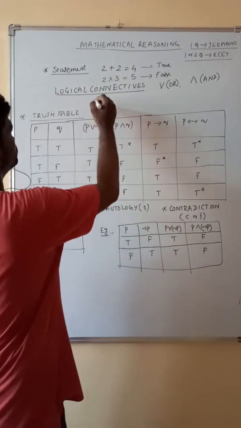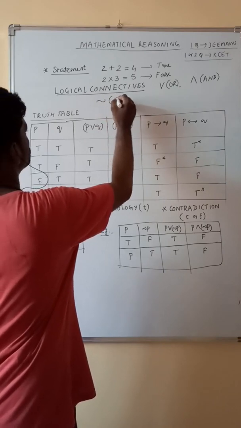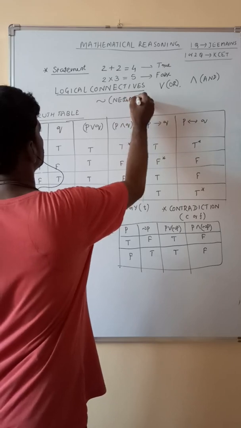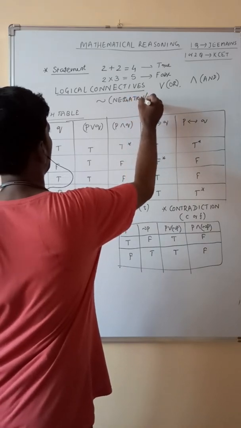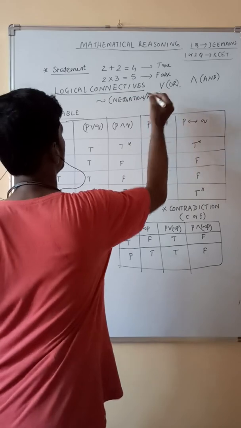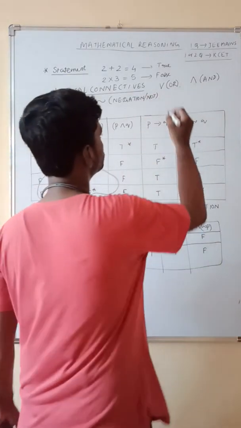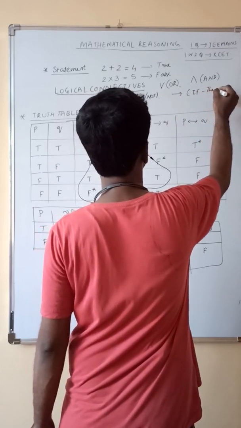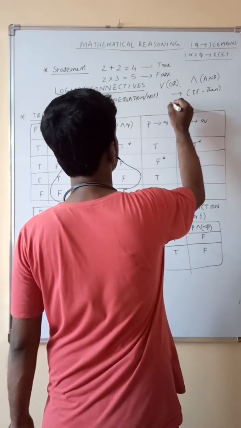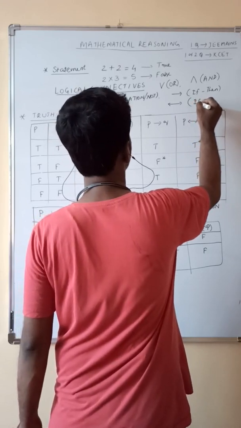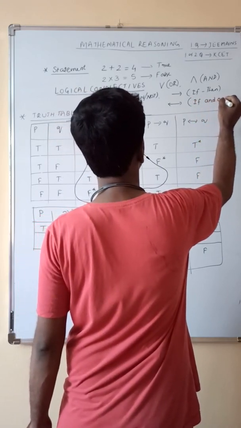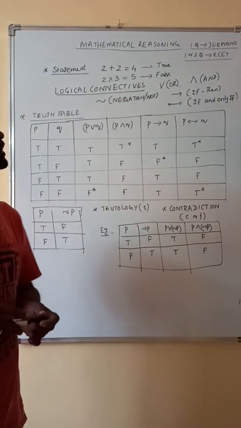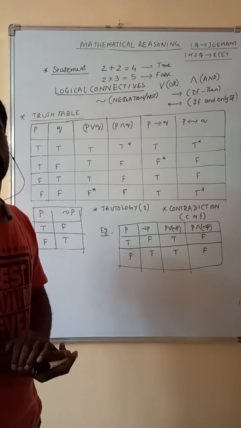Next, negation, or NOT. Next, if then. Next, if and only if. We are learning these 5 logical connectives.